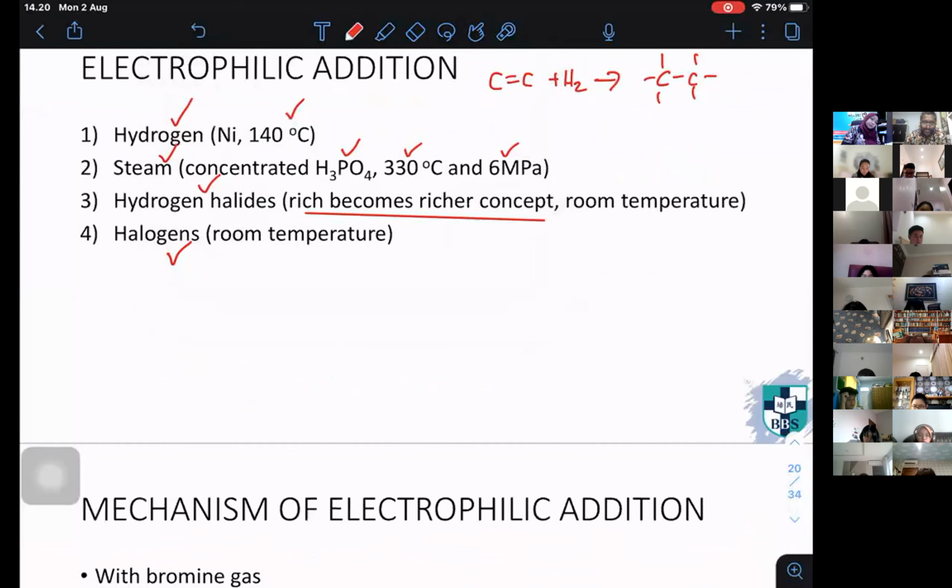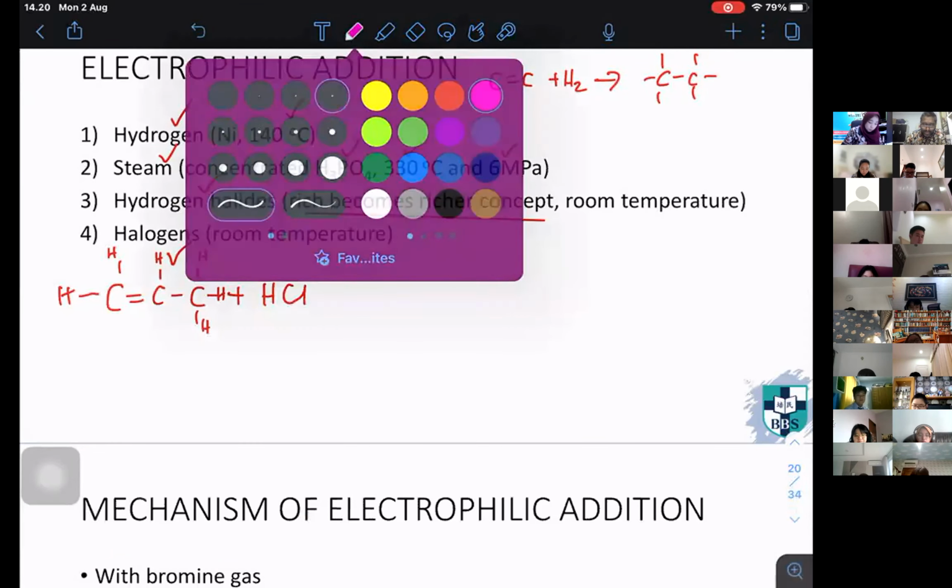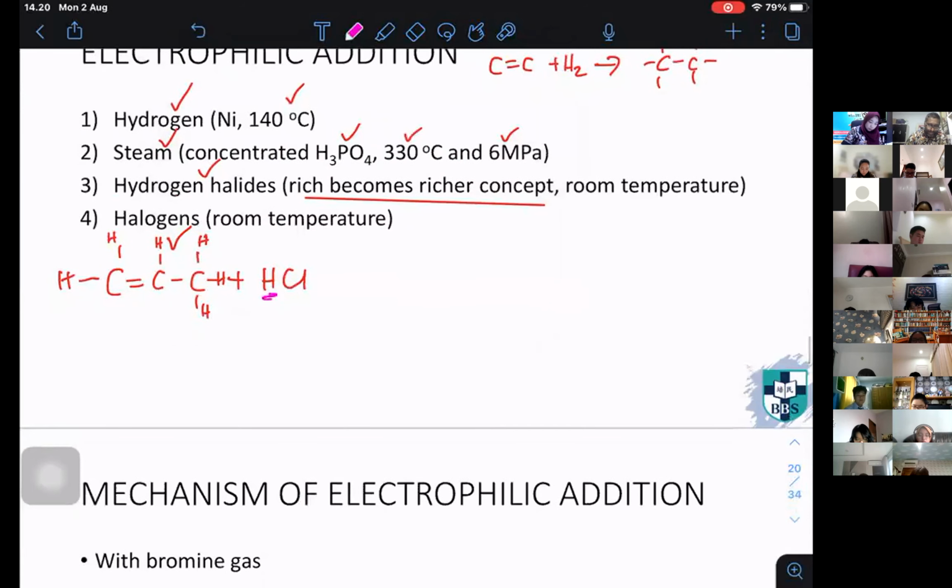For example, if you have HCl and I want to react it with carbon double bond carbon, and I have all this hydrogen over there, you will have 2 situations. The double bond is going to be broken, so the hydrogen can come maybe here or here, and the Cl maybe vice versa.